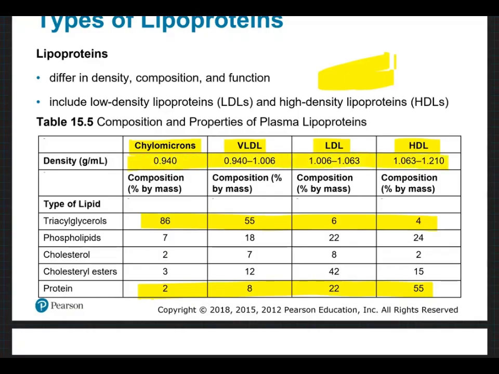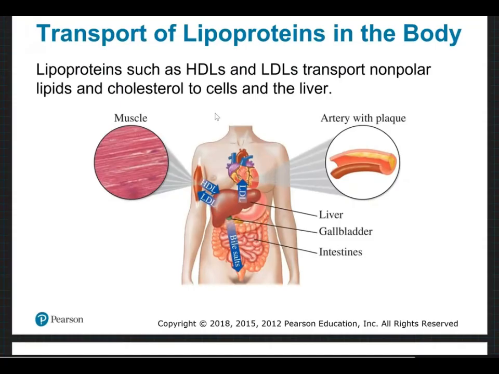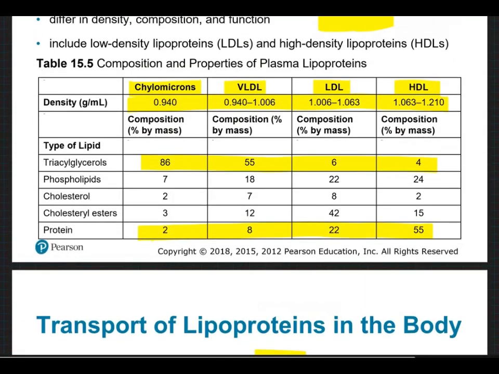Now, the different types of lipoproteins transport fats to the tissues from the liver or the other way. So LDL, specifically low and very low density lipoproteins, these 2 guys transport from the liver to tissues.